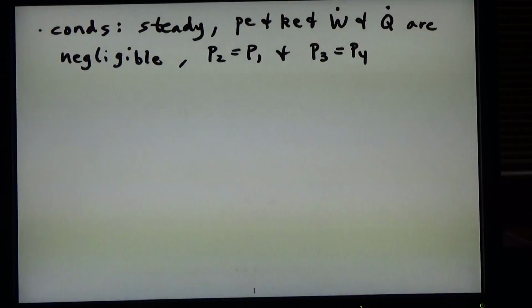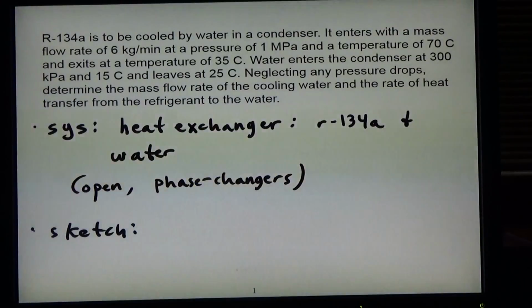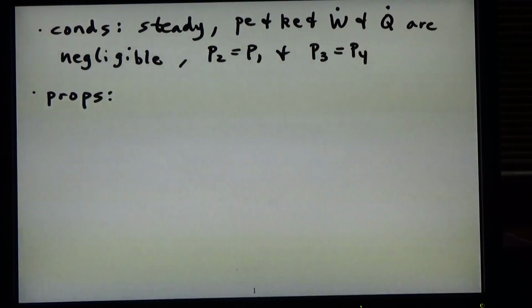Alright, now we can list out the properties. So for the properties, the very first thing we're given is the mass flow rate of the refrigerant.